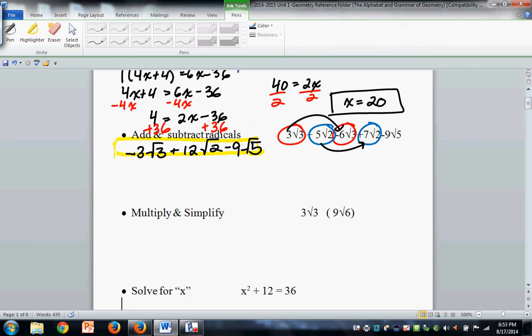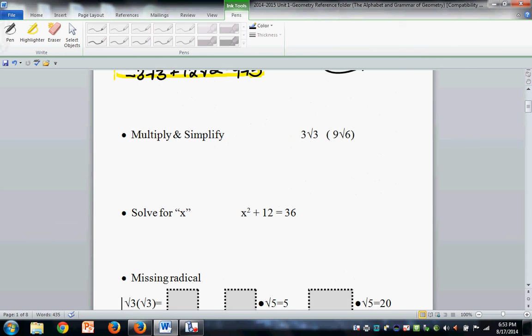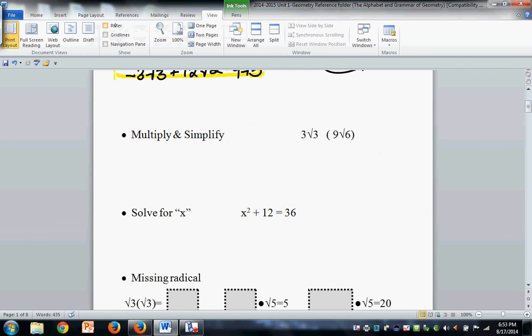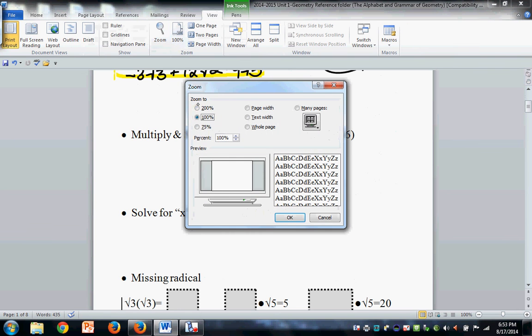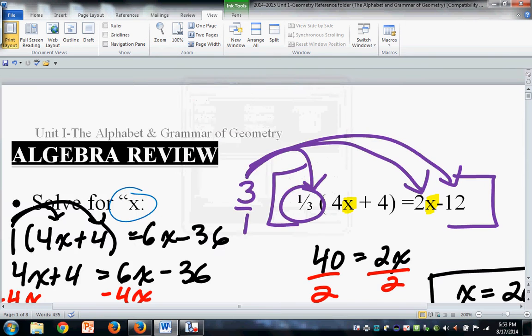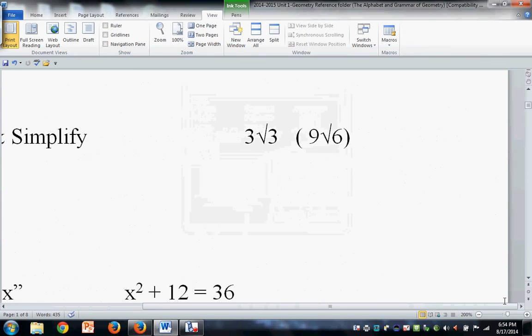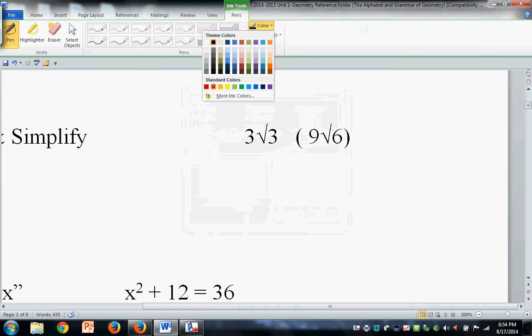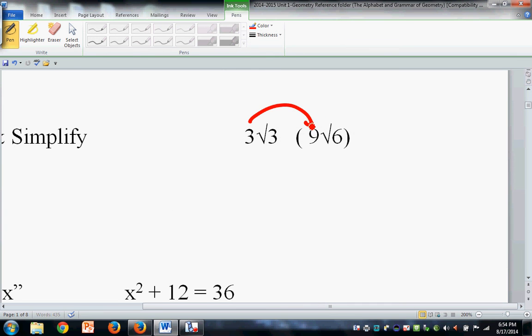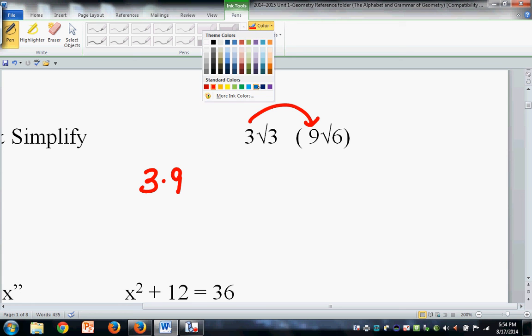Now when you multiply and simplify radicals, the trick is you just want to multiply outies and innies. So taking a look here, we multiply the outies and the innies. When you multiply the outies, we end up with 3 times 9.